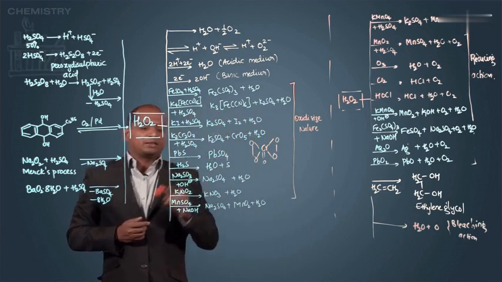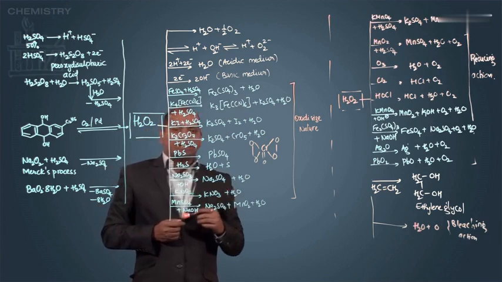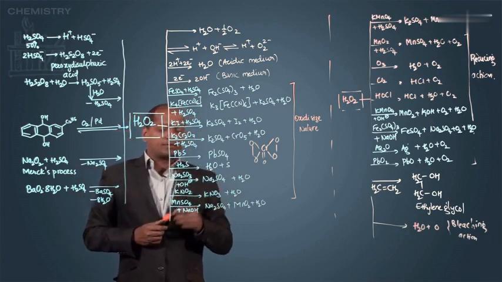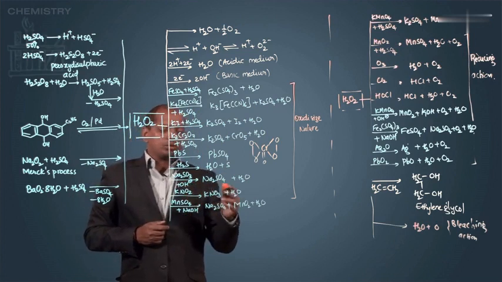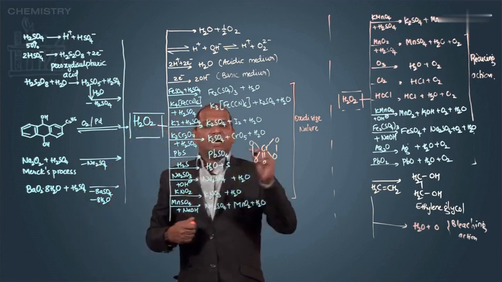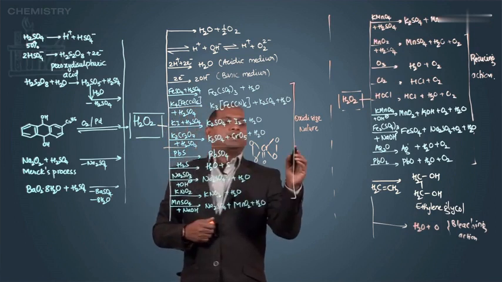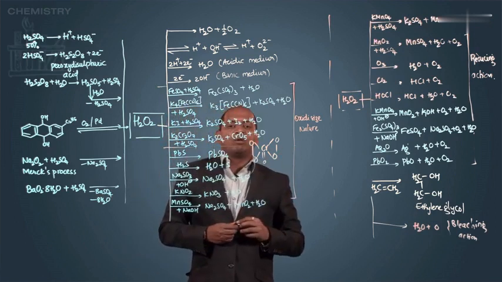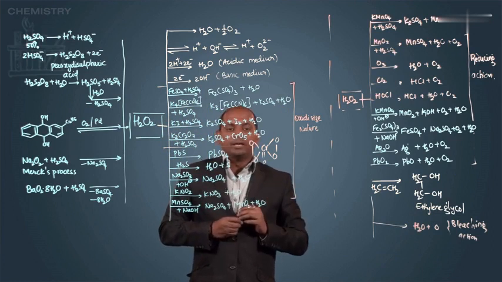It also oxidizes lead sulfide to lead sulfate, hydrogen sulfide to sulfur, which is colloidal sulfur, and sodium sulfide to sodium sulfate. Now, the reactions we have seen till here are reactions involving acidic medium.